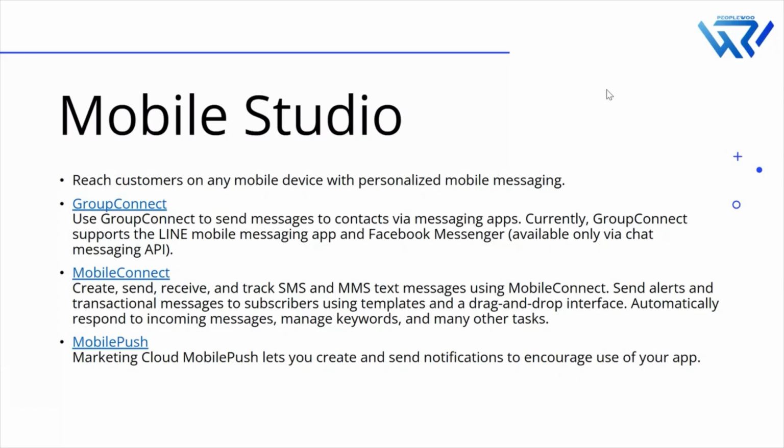For that, we require a feature called Group Connect. For Group Connect, we require a commercial license for sending communications to these apps. WhatsApp will require a separate commercial license, WeChat will require a separate commercial license, Facebook Messenger will require a separate commercial license.